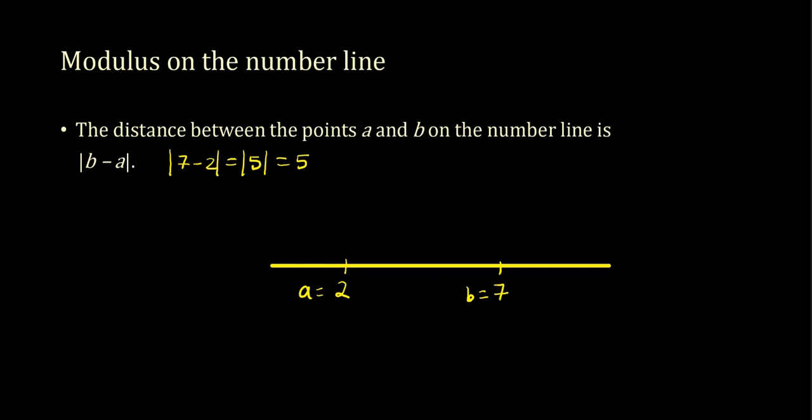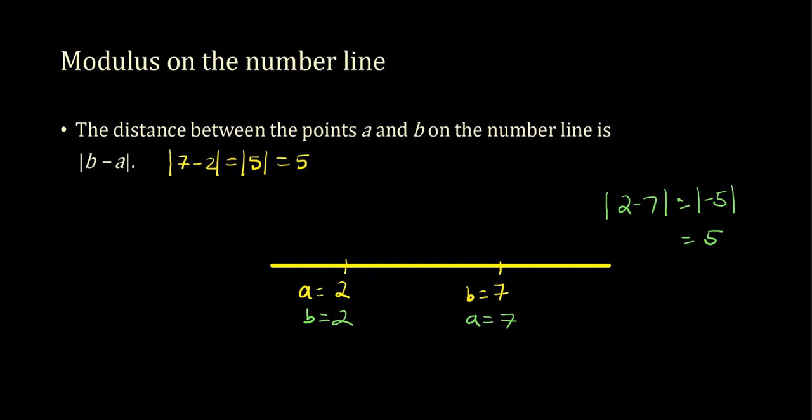Because I can interchange the values of A and B, taking B as 2 and A as 7. Now if I subtract this, you will get 2 minus 7, modulus of minus 5, which is plus 5. So to find the distance between 2 points, in this case 7 and 2, you just need to take the difference between the 2 points.